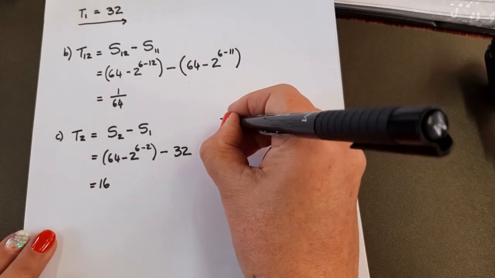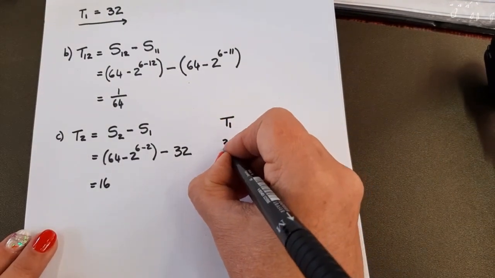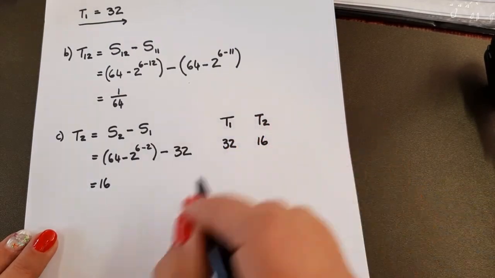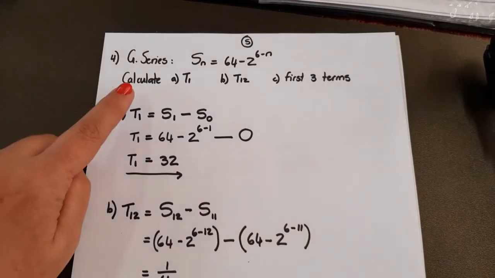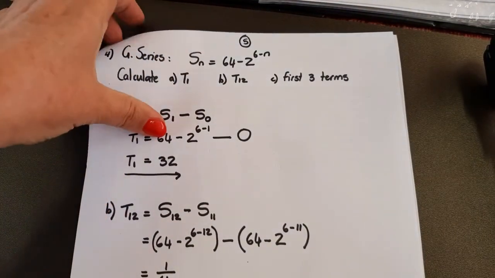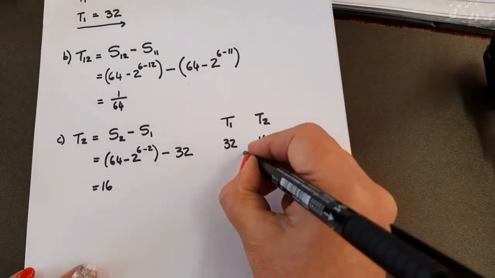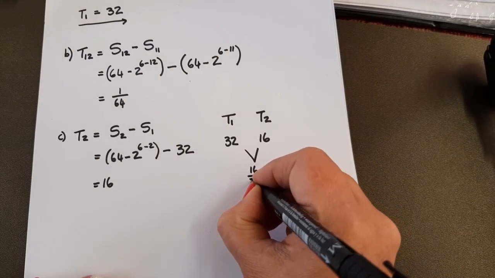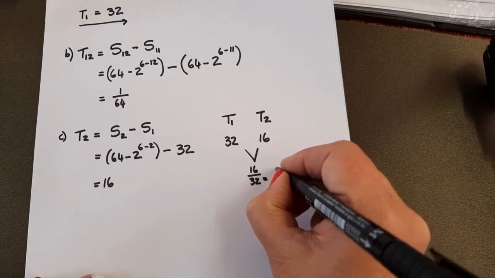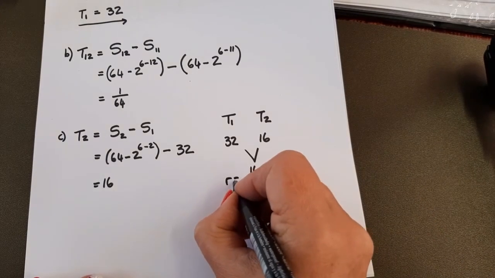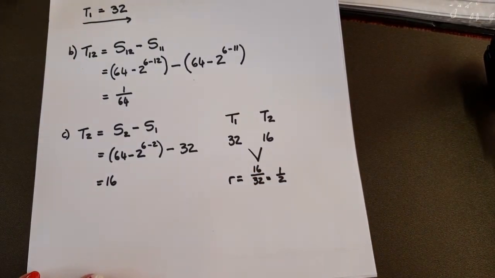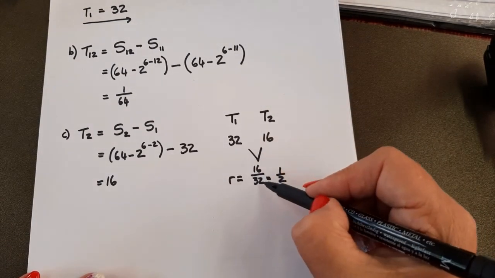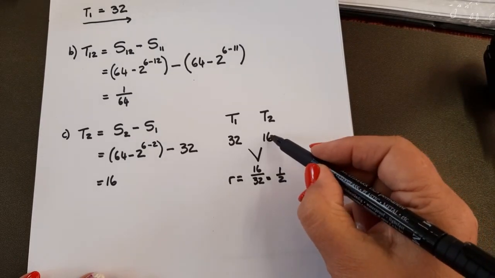So we have term 1 is 32, term 2 is 16. We know that it's a geometrical series, so we have to get a ratio. For the ratio we divide 16 by 32, which gives me a half. So my R is a half. What can I do with that half? 32 times a half will give me 16.